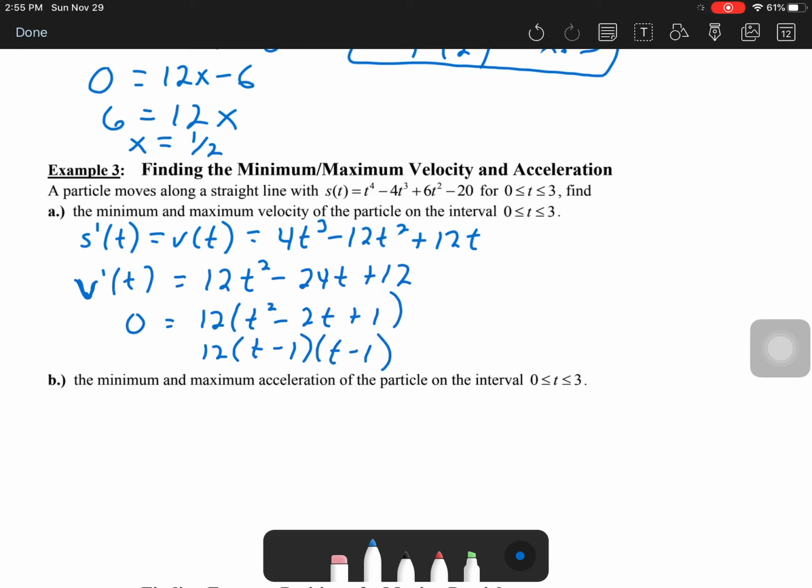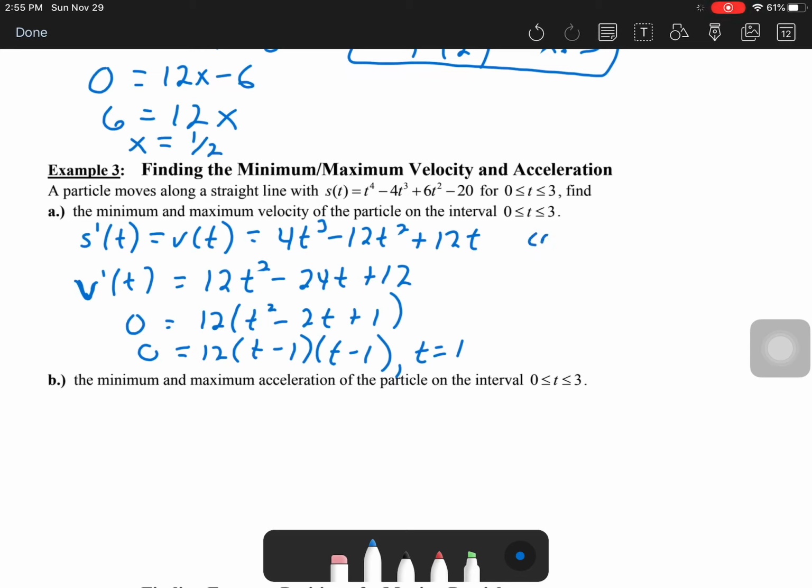So it looks like t equals 1 is where I have a critical number. Okay, so I get t equals 1 for a solution. That's my critical number. And then what I need to test is the critical number of 1, and I also want to test the endpoints of my closed interval, which are 0 and 3.